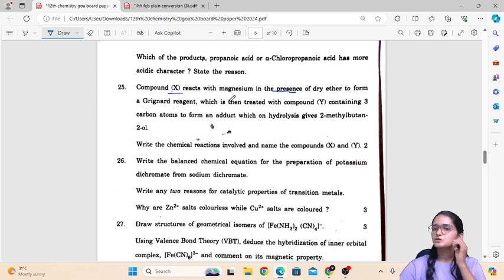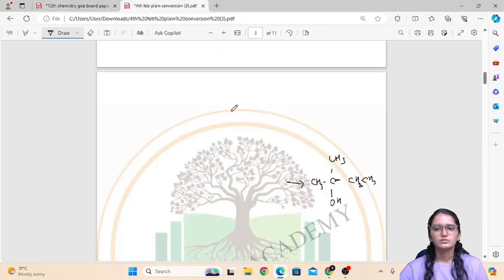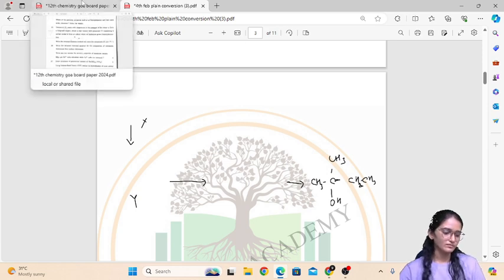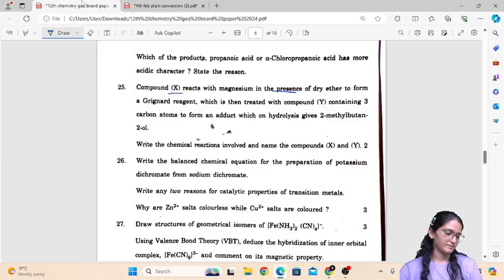So compound X reacts with magnesium in the presence of dry ether to form Grignard reagent, which is treated with compound Y containing 3 carbon atoms to form adduct. So compound Y will form an adduct, that we have to write here. So here there is compound Y and here there is compound X. So X with magnesium in the presence of dry ether.